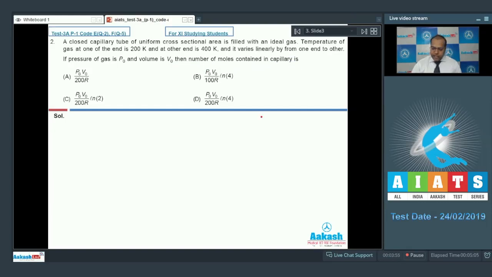We know that for an ideal gas we can write PV equal to nRT. Since the pressure and volume of the gas are the same, their product is the same, and as the temperature increases from one end to the other, the N will decrease.